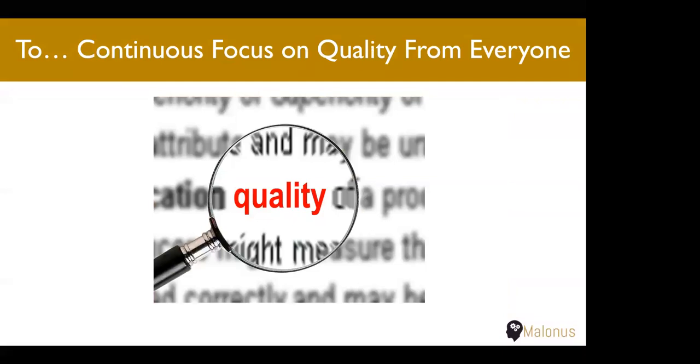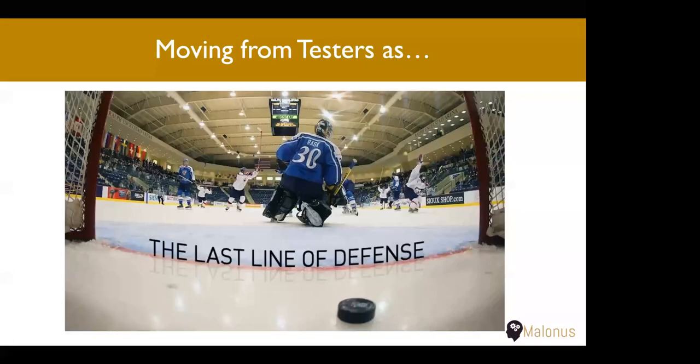Earlier, the testers were the only ones focused on identifying problems or quality, and if anything went past them, it may go into production straight. So that's why I was saying the testers were the last line of defense.